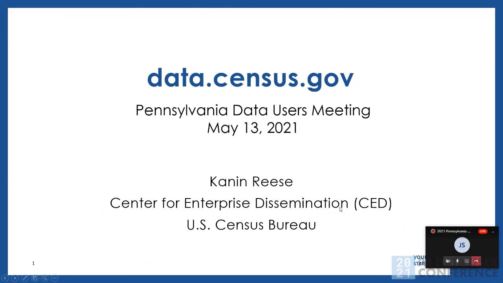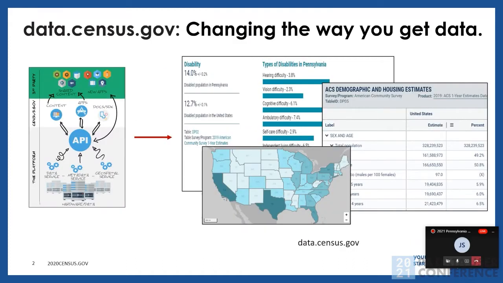Okay, great. So I'm coming to you from the dissemination outreach area that we've talked about before. Just a quick reminder, I know so many of you, we've seen your emails and your feedback, we really appreciate it, but I also know that there's some people that are new to data.census.gov, may not be looking at census data as frequently, and now that we have Census 2020 results, marching towards those, giving you kind of a refresher.